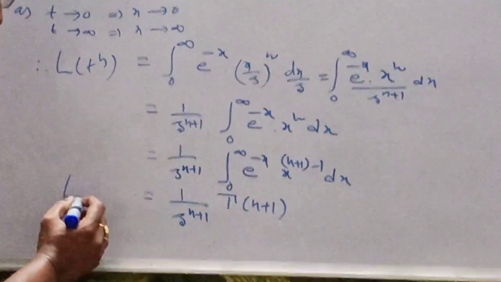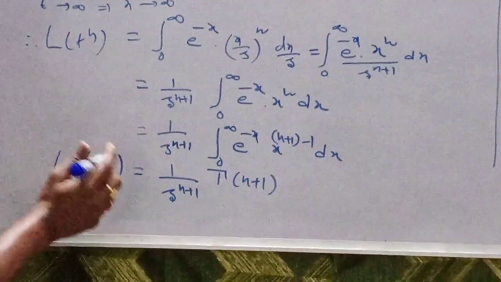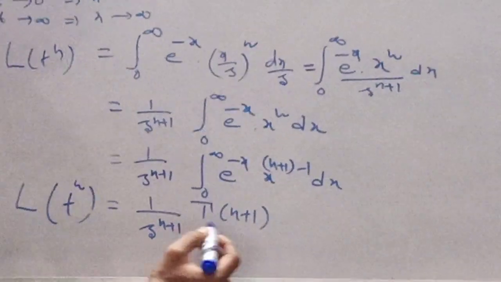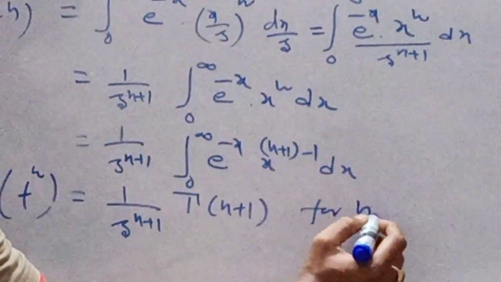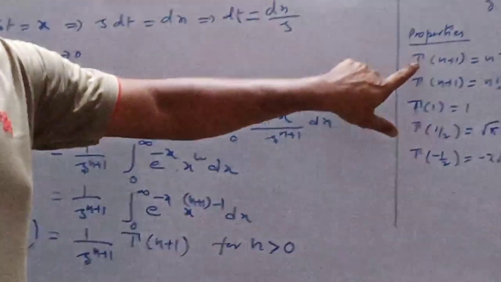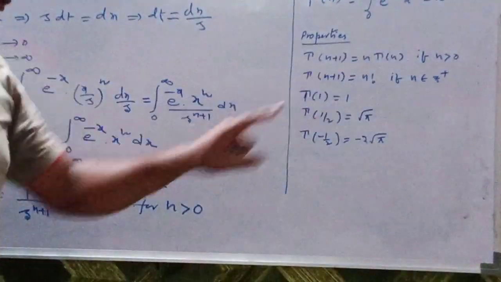So the Laplace transformation of t to the power of n equals 1 by s to the power of n plus 1 into gamma of n plus 1, for n greater than 0. Use property number 1: gamma of n plus 1 equals n into gamma of n.